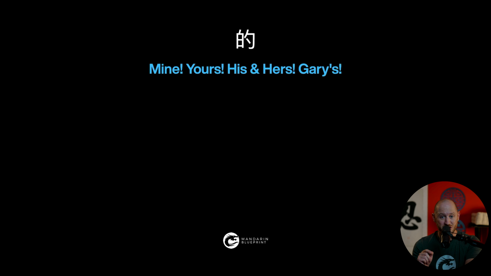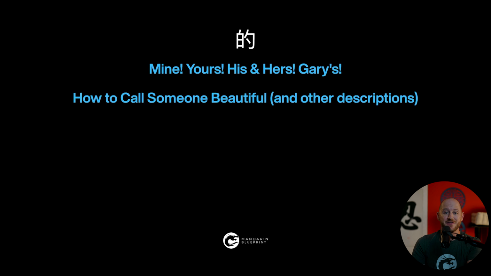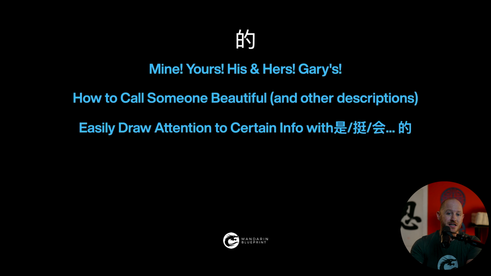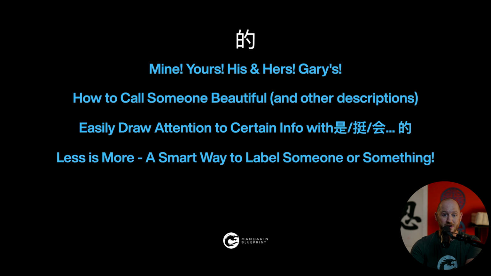And so today we've covered the mighty de, the most common character in Chinese. And remember, it starts with possession, mine, yours, his, and hers, and then levels up to modifying nouns with vivid descriptions. We've seen how de can add emphasis with shi, qing, and hui, and how combining it with adjectives can simplify your speech.